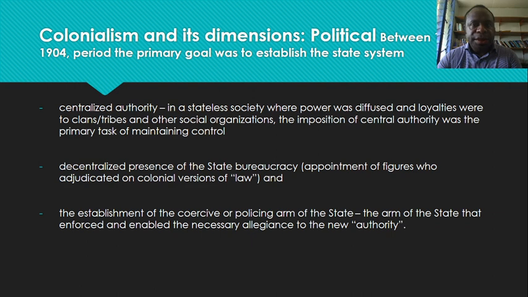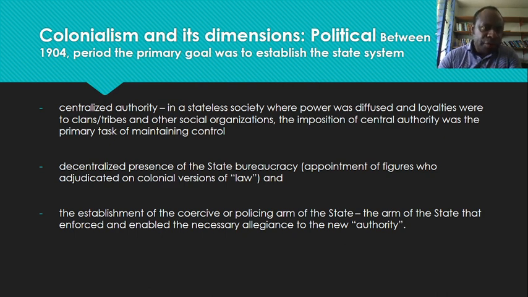In a stateless society where power was diffused and loyalties were, in our case, to clans and tribes, the imposition of central authority was the primary task of maintaining control. So a British protectorate was declared in the Papua region. Not long after, that was extended to more or less the Momase region. So the idea was to create a centralized authority to administer the mandated territory.